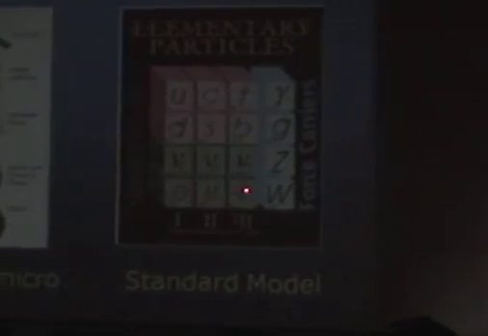The building blocks of matter are described in this figure. The whole of matter is made out of this Lego type thing, in which you have 6 quarks and 6 particles which are of the same nature as the electron.